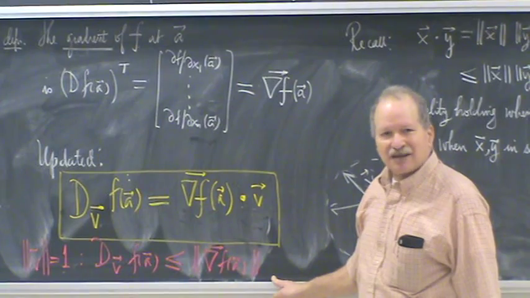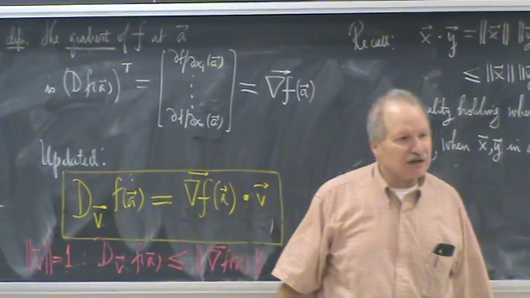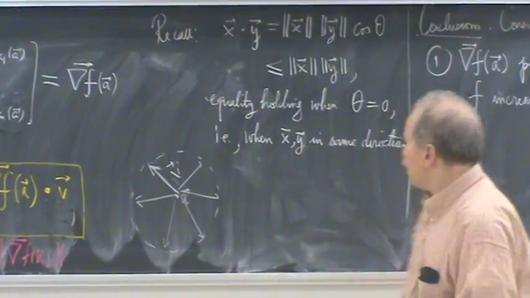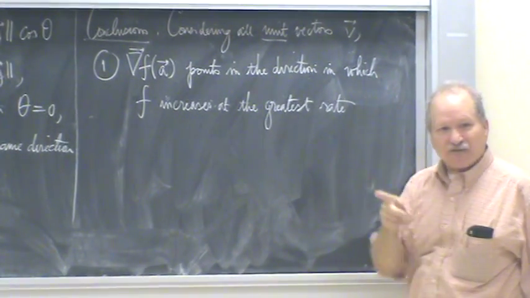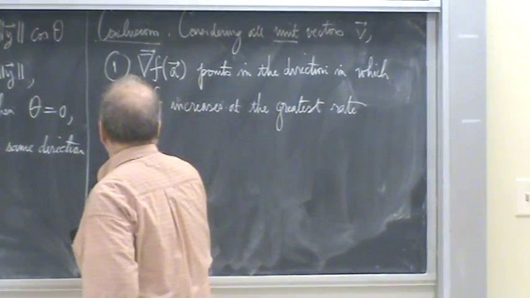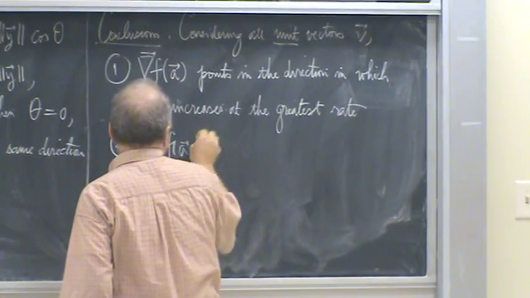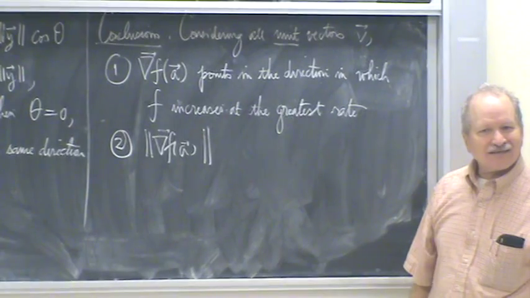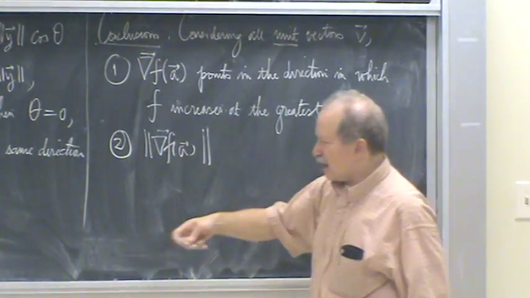And I get that greatest directional derivative when V is pointing in the direction of the gradient. So the gradient points in the direction in which f increases the fastest. And moreover, the magnitude of the gradient is that greatest possible rate of increase, right?